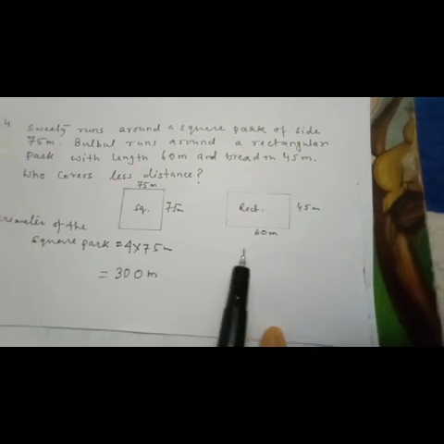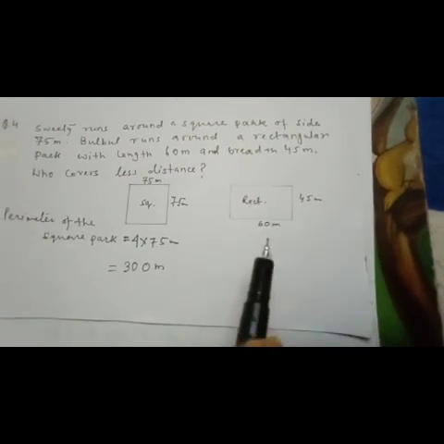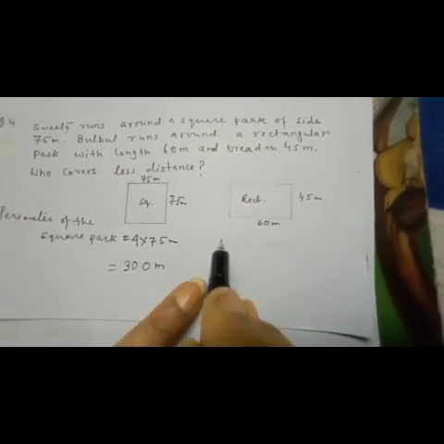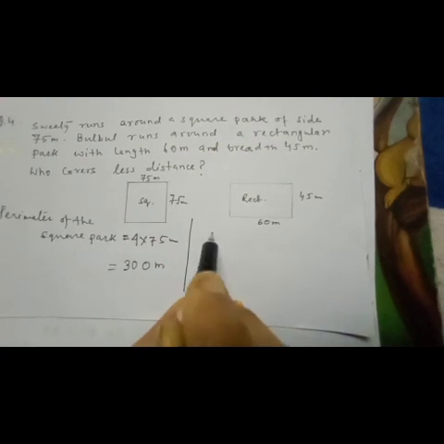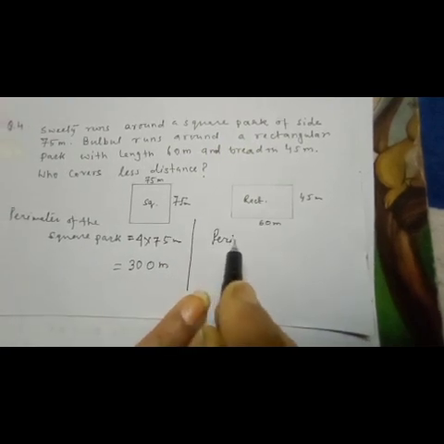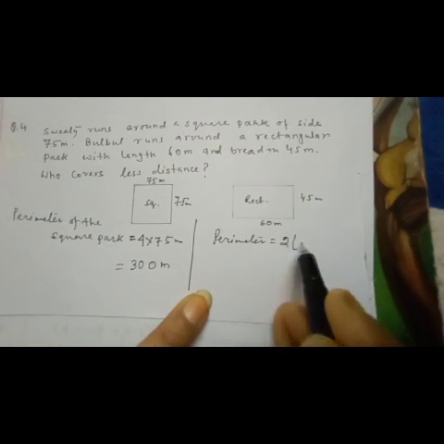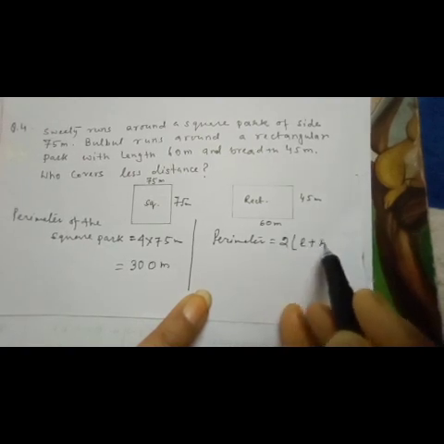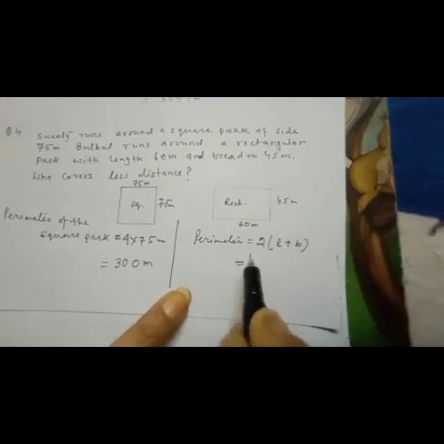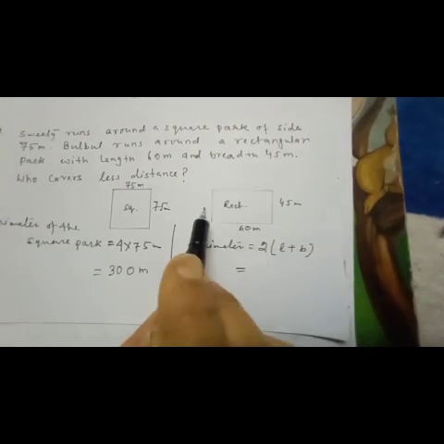Now for Bulbul, who is running around a rectangular park, its perimeter will be 2 into length plus breadth. Perimeter of a rectangle, because length 60 and breadth 45.